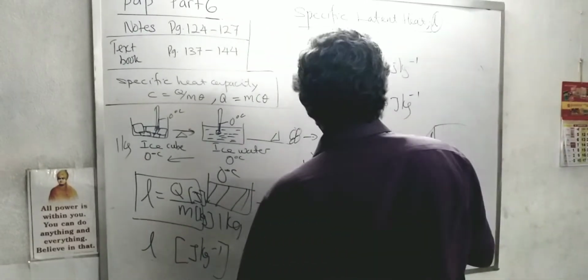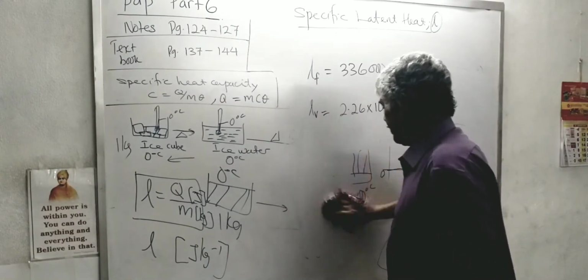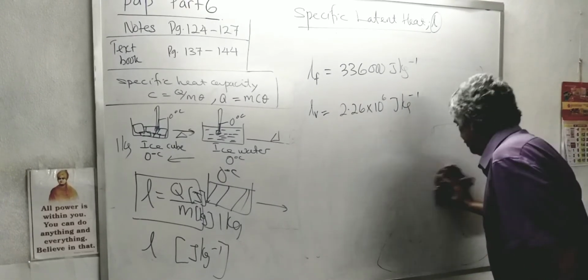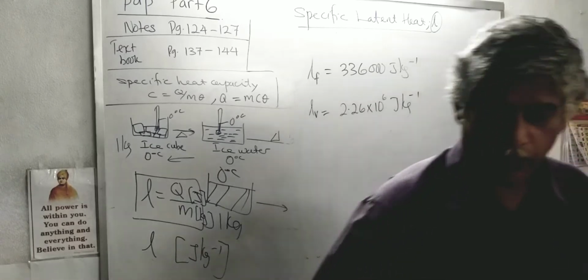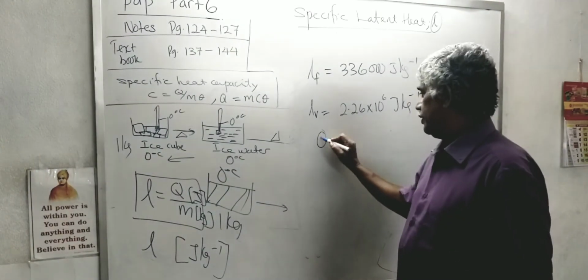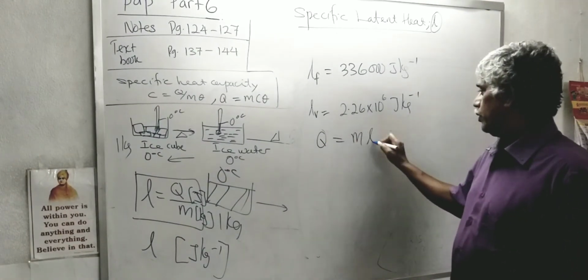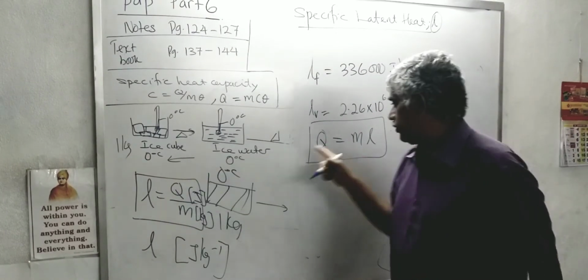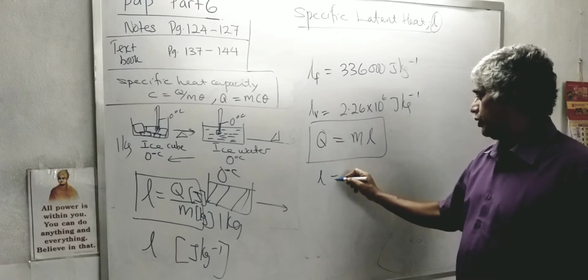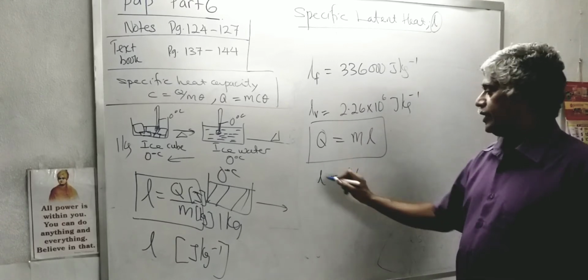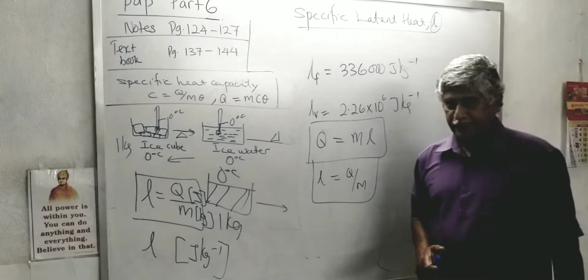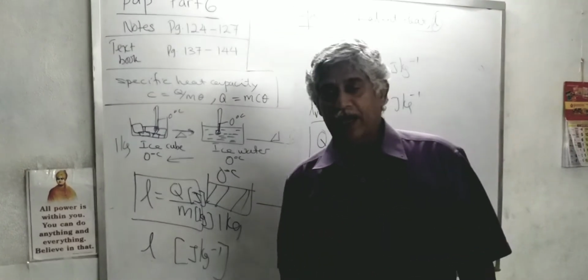So the formula is very simple. If we rewrite it, we get Q equal to ml, the amount of heat required. So the latent heat, L equal to Q over m. It's a rather simple formula to solve, but you need to understand the meaning and how to use it.